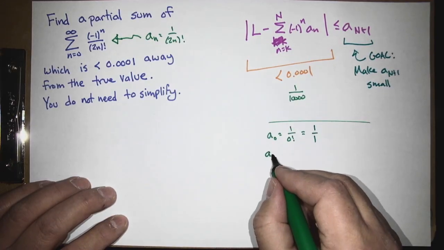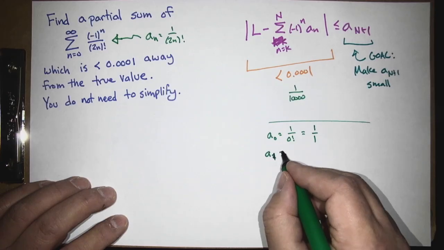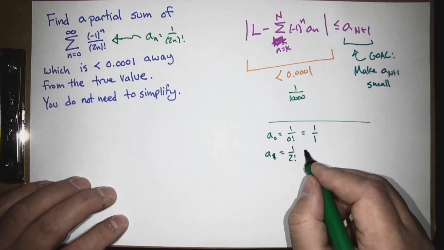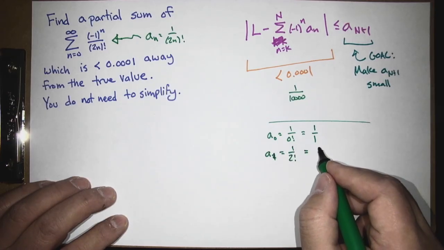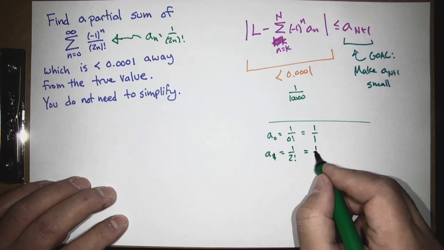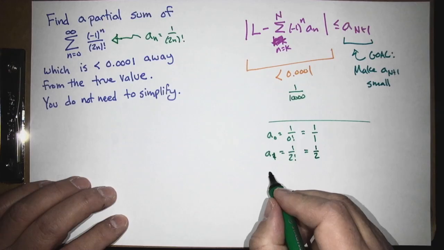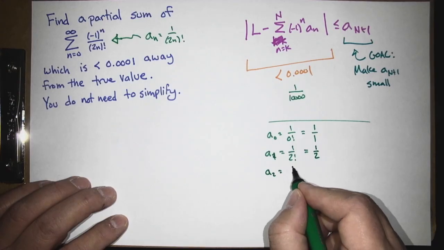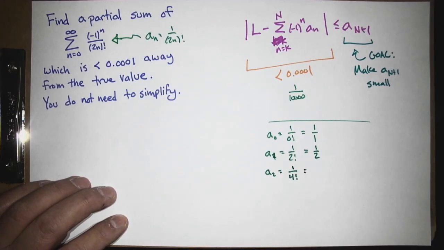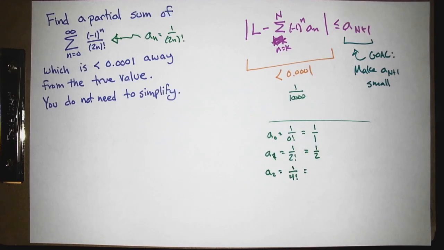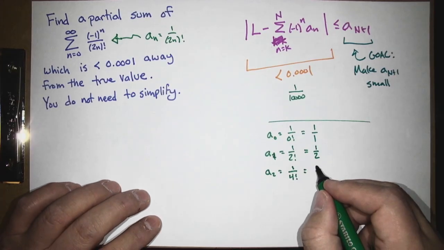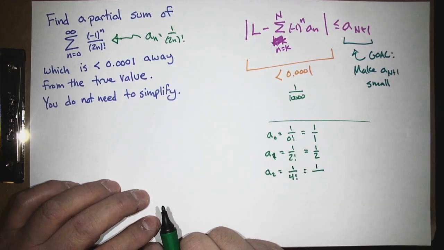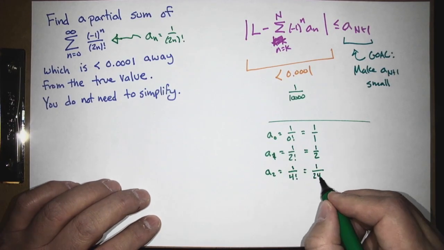How about A1, 1 over 2 factorial, also known as 2. Okay, still not there. A2, 1 over 4 factorial. Anybody know 4 factorial off the top of their head? Sorry, what? 24. Okay, are we good?